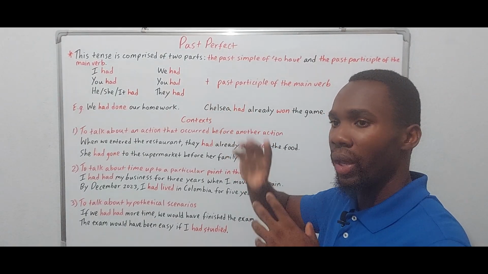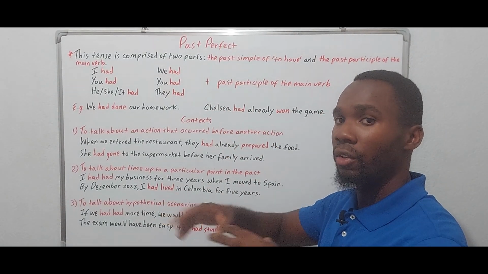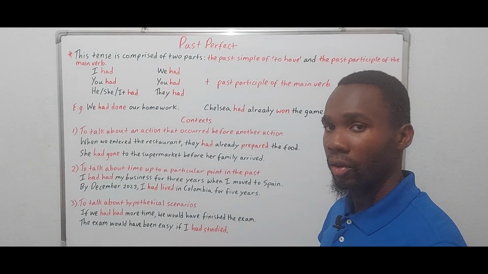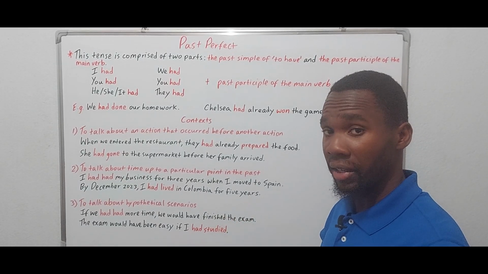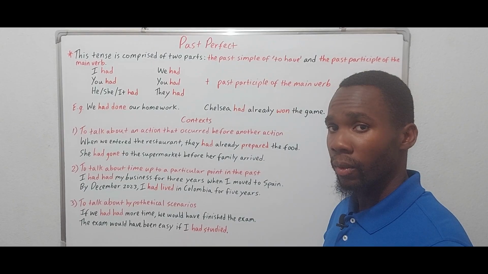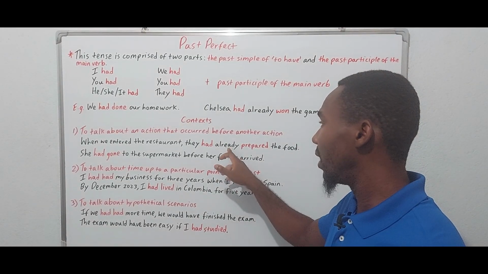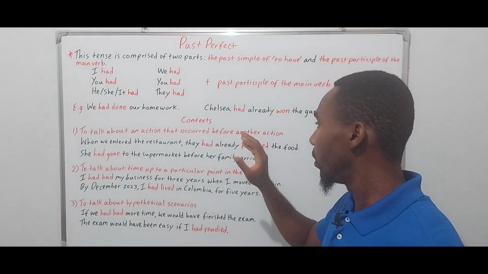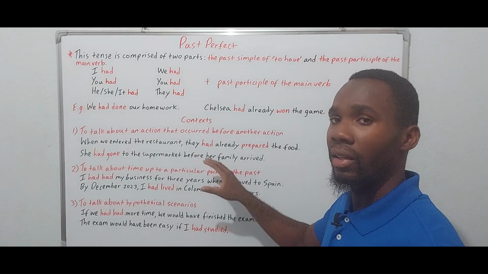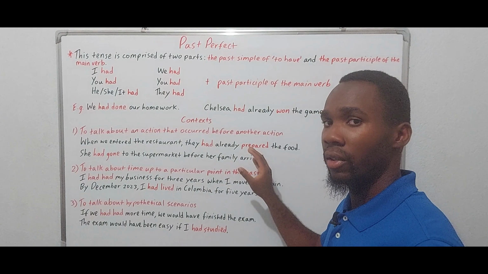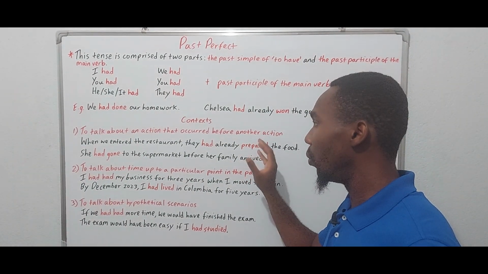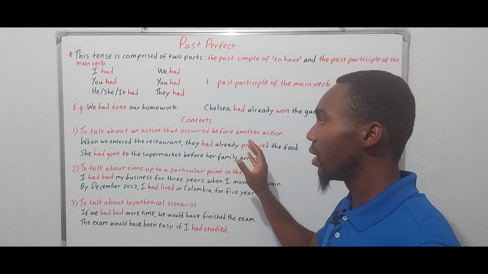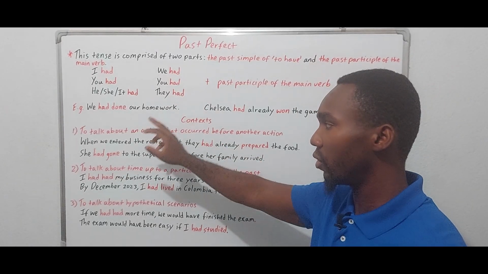So it means that when we entered, the food had already been prepared, right? So the fact that we utilize the past perfect here means that we are emphasizing that this occurred before that.